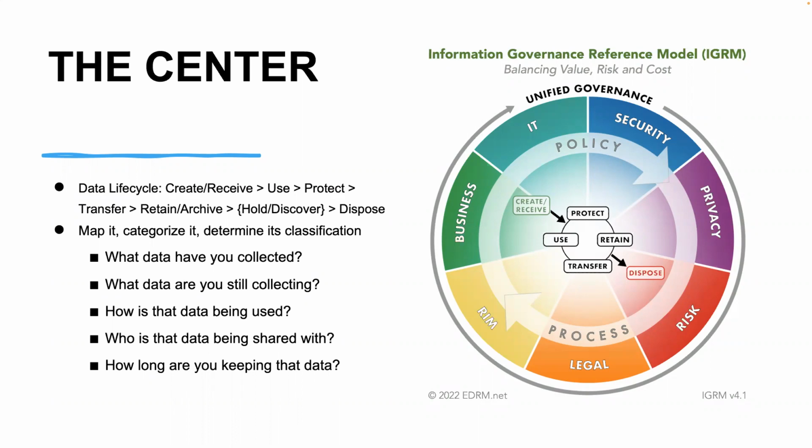Because all the data that you keep that is personally identifiable or risky in some way could ultimately cost your company money in the form of litigation. So you need to understand the data, and you need to understand when it's useful, when it has value, and when it no longer has value for the organization, and how to get rid of it.